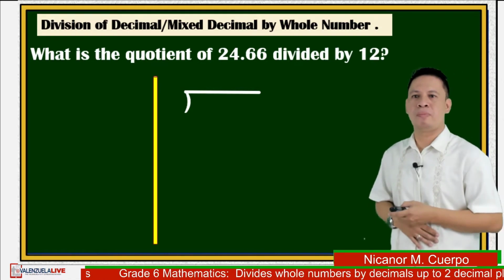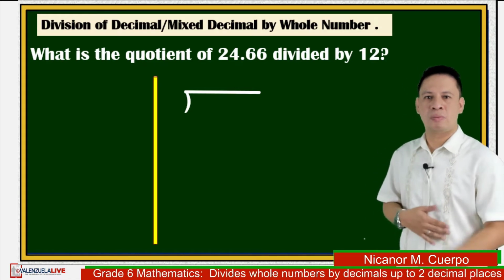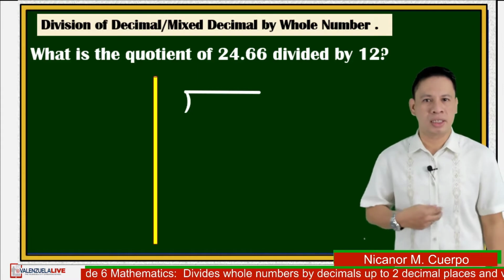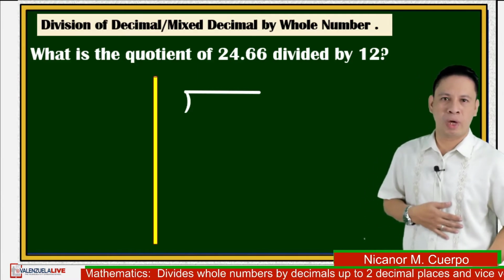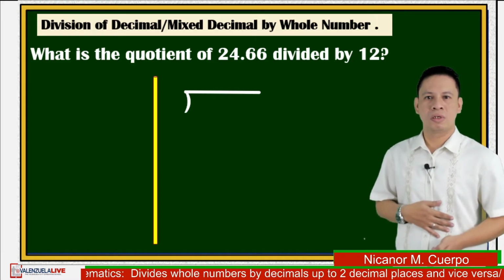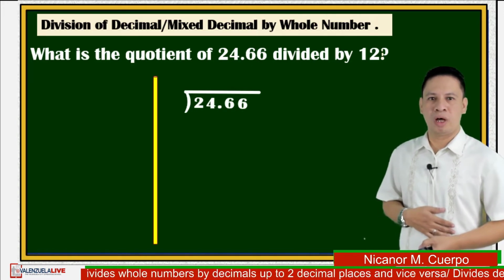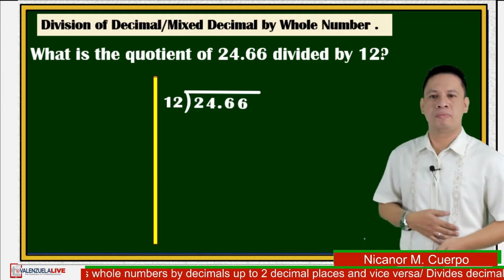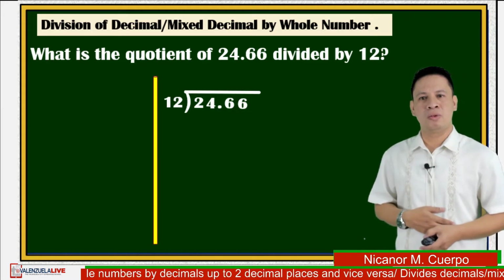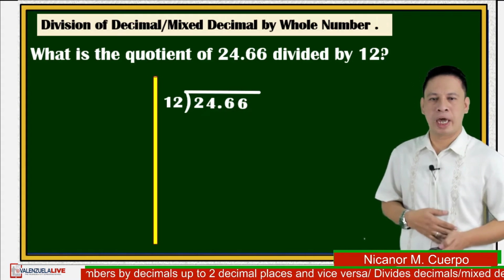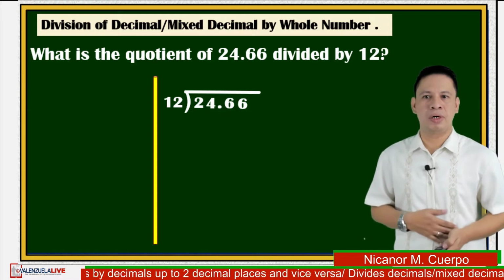Let's have another example. What is the quotient of 24 and 66/100 divided by 12? So 24 and 66 hundredths will be our dividend, and 12 is our divisor. So what did you notice again with our divisor? Correct. It is a whole number.